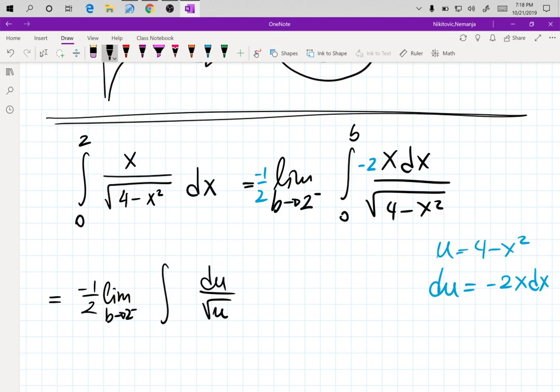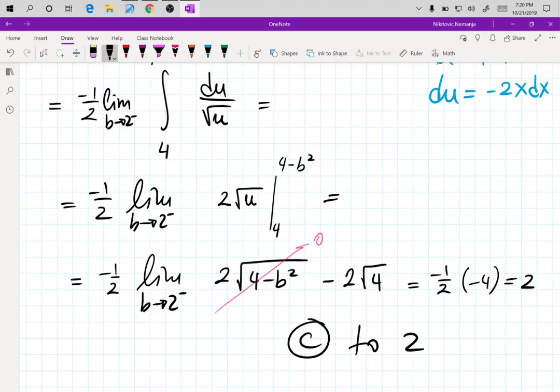So this one goes to 0. And all I have is negative 1/2 times negative 4, which is 2. Cool, huh?